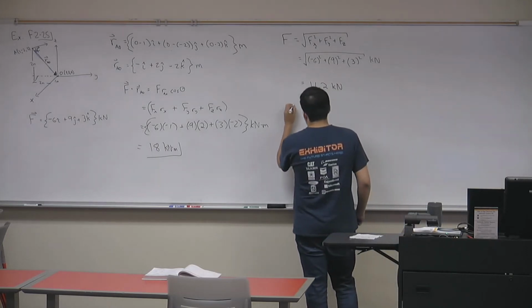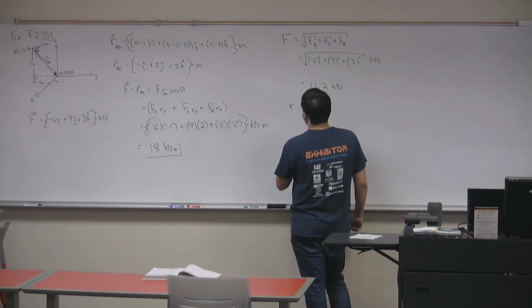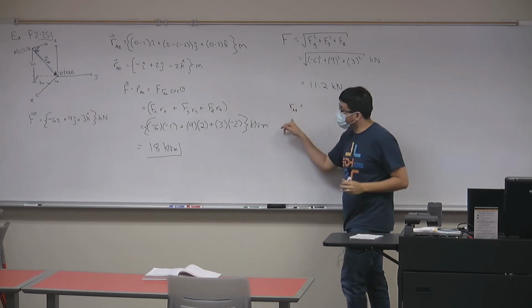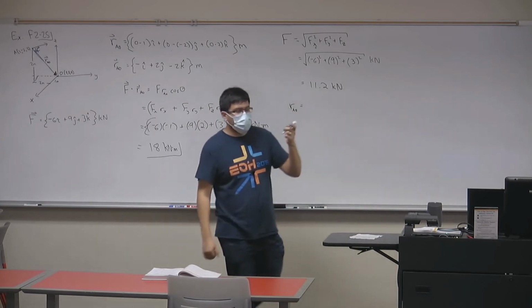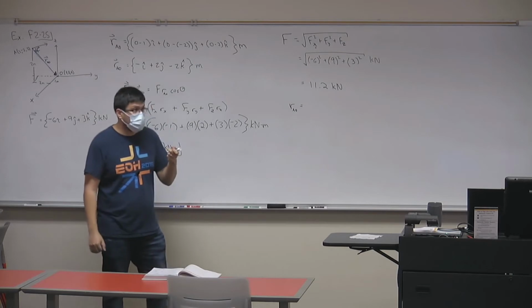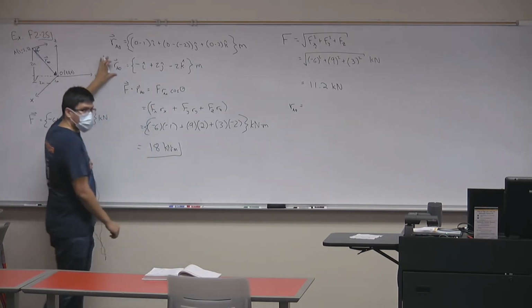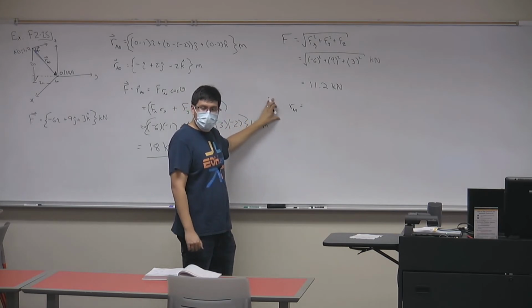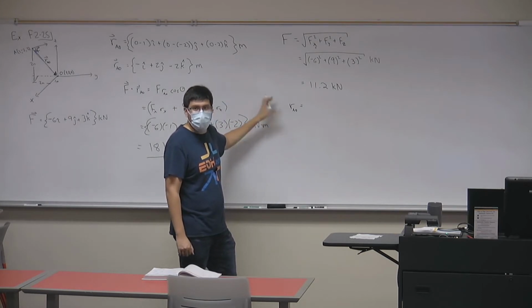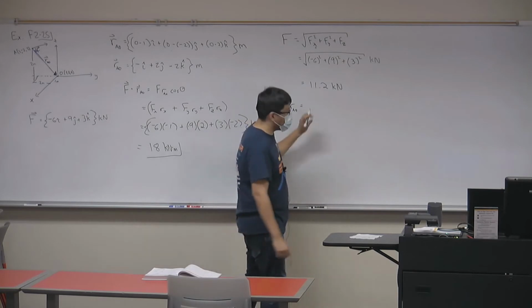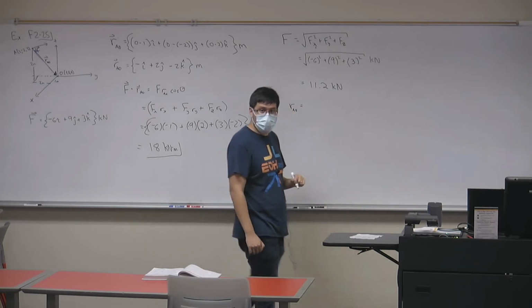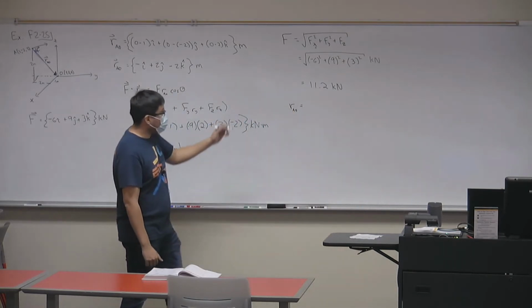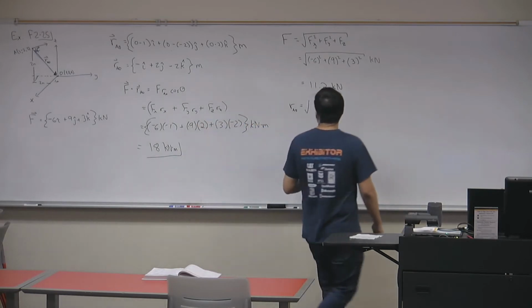Let's look at the magnitude of the position vector. Now here, if we would have gone with Drew's recommendation of finding the unit vector, then this would have been a little bit easier, right? Because what's the magnitude of a unit vector? 1. But since we didn't, we're still going to have to calculate this position vector's magnitude. So we calculate it the same way we calculated the magnitude of the force vector.